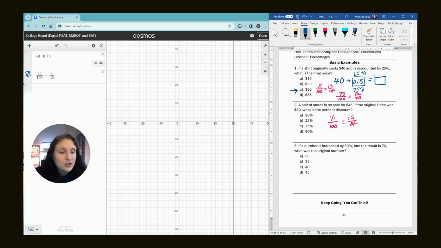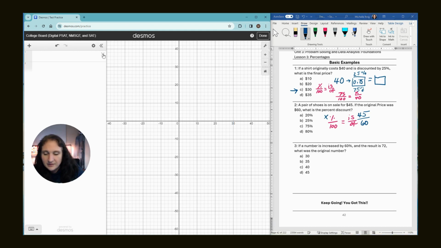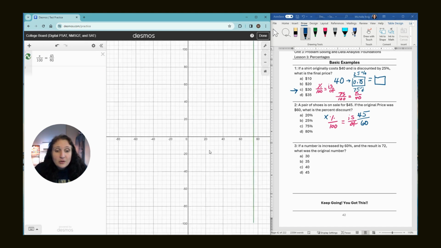All right, well, it says the shoes are already $45. The original price was $60, and we don't know the percent. So I'm going to X these out. And so now my equation is x divided by 100 equals 45 divided by 60. Scroll.